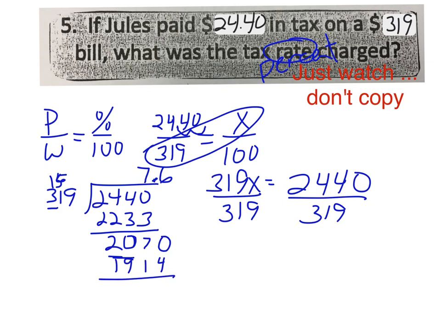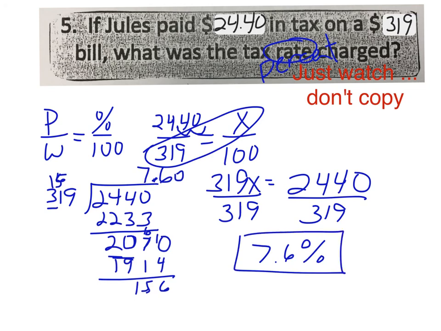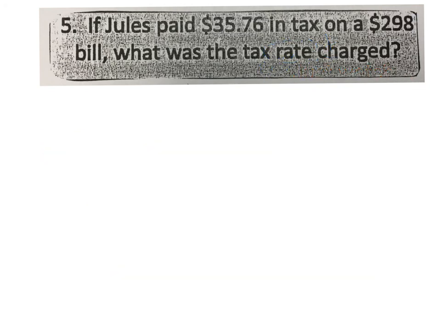So when you subtract, borrow from the 6, make that a 6, that's a 10. 6, 5, and a 1. And it's not going to go in there 0 times. So the tax rate is about 7.6%. And that's your final answer. Last one, try it on your own and check your answer with a neighbor.